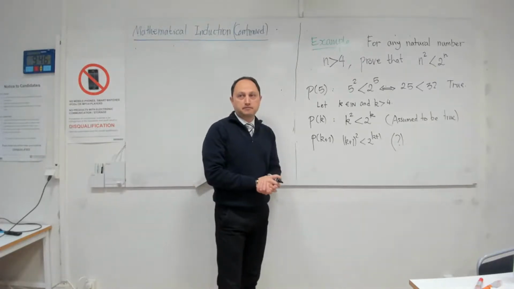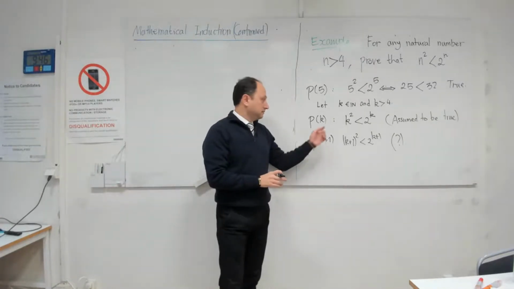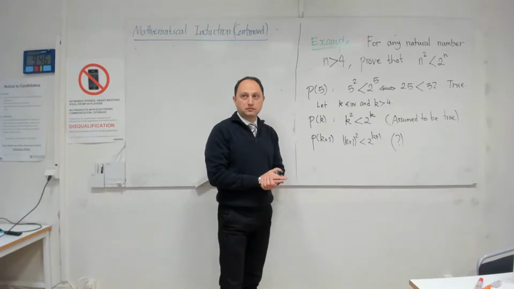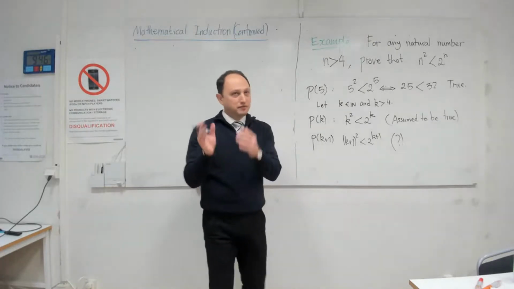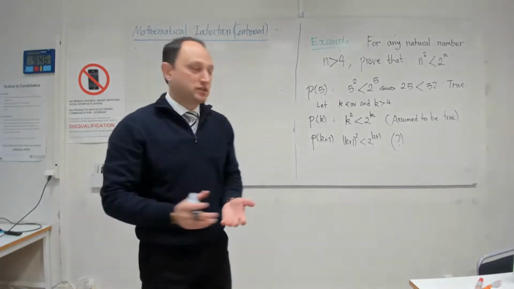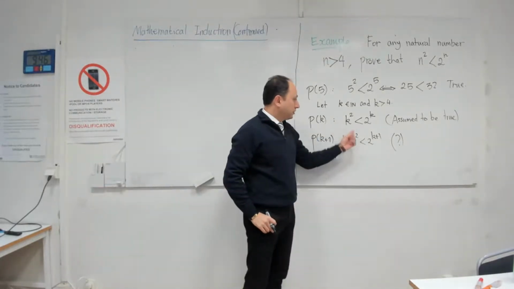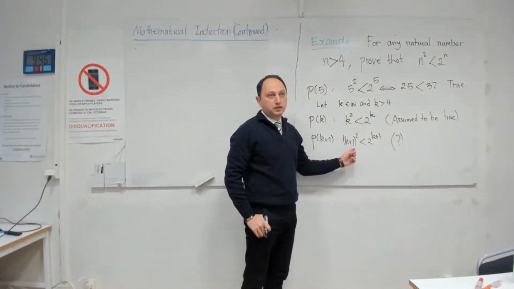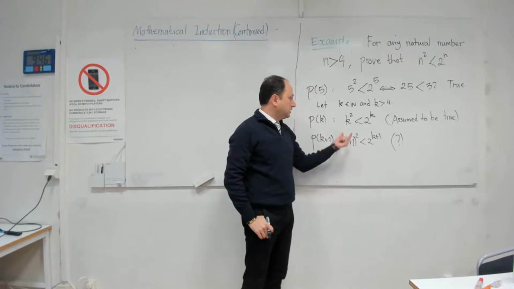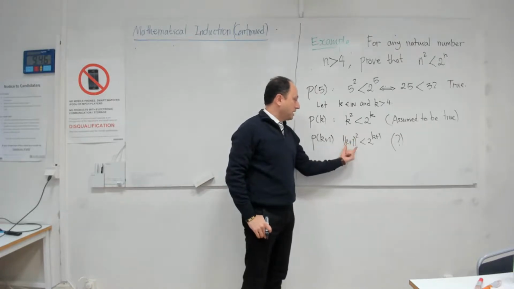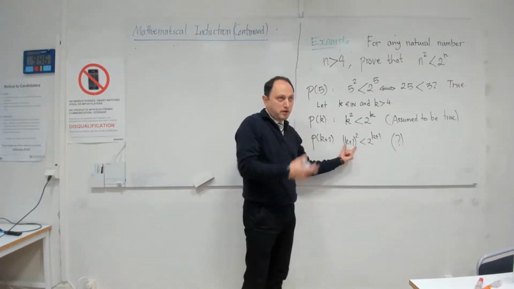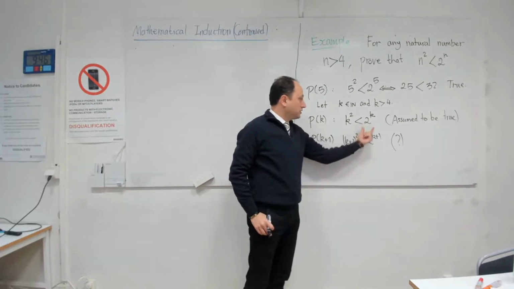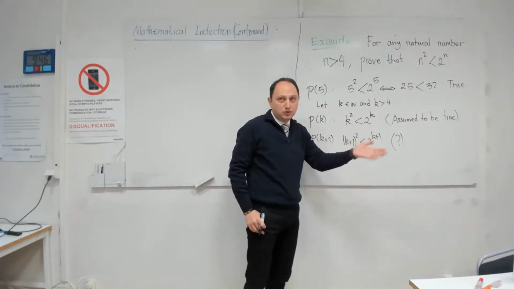Yes, Alex? I start with the statement of PK, and then I times it by 2. Yeah, that is the first thing that I wanted to do myself, because I want to go from here somehow to conclude this one. Either I need to make this one somehow equal to this by some method, or I need to change this one to that one. At least this is a good starting point.